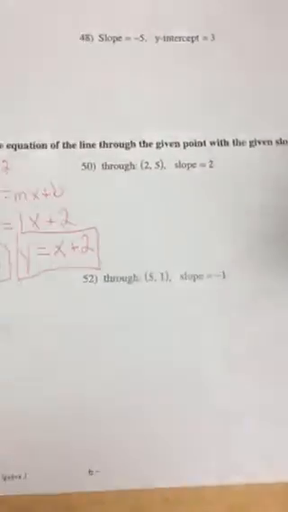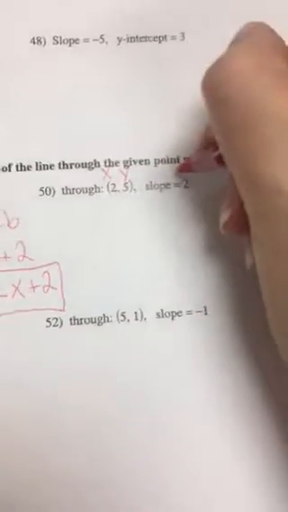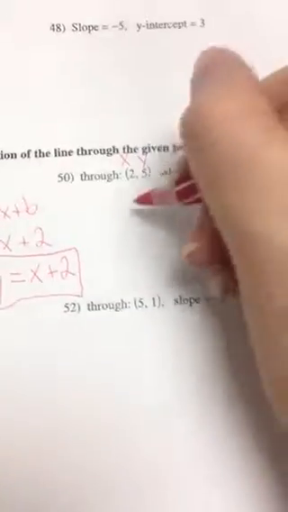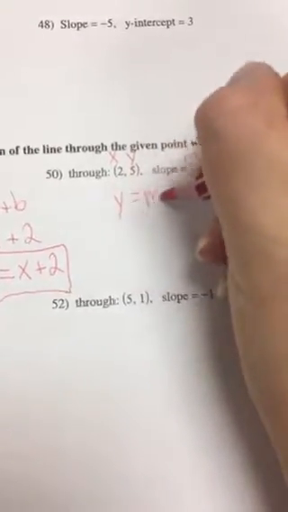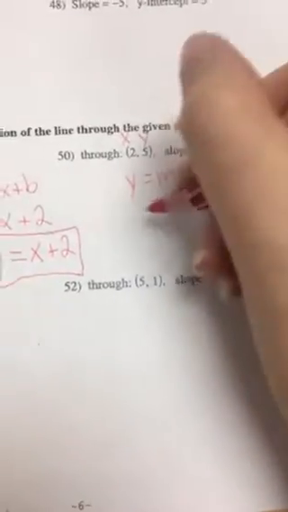And now we're going to look at 50. So again, I'm given an x and a y, and I'm given my slope, which is m. I'm going to start by writing my equation. I'm going to plug in everything I know.